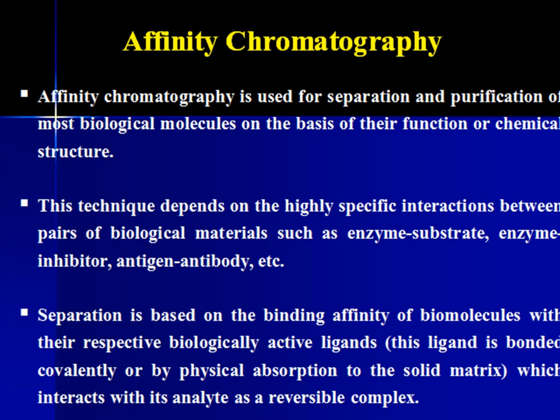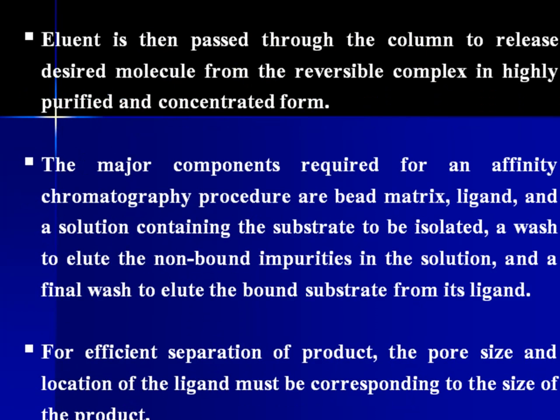This ligand is bonded covalently or by physical adsorption to the solid matrix, which interacts with its analyte as a reversible complex. Eluent is then passed through the column to release the desired molecule from the reversible complex in highly purified and concentrated form.